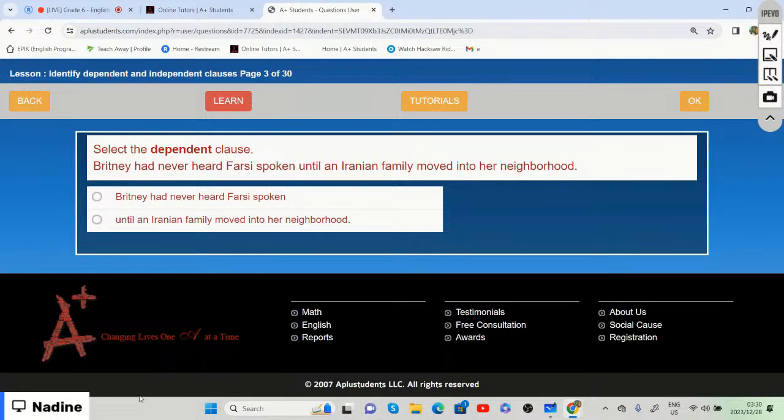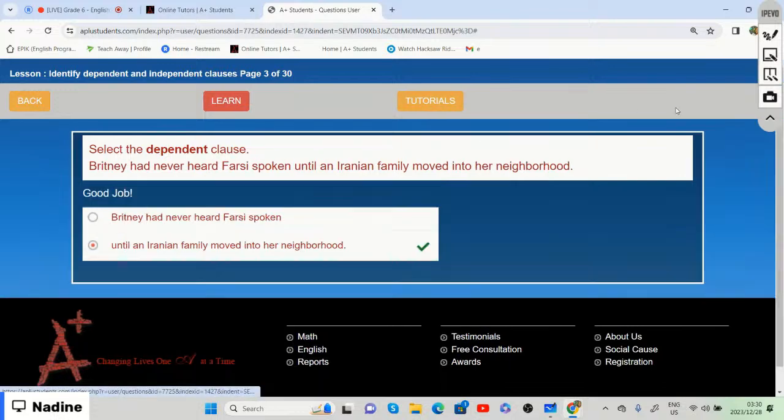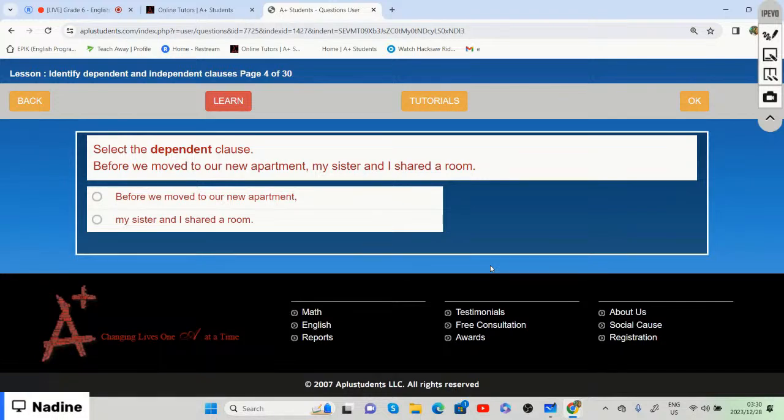If we select the dependent clause, we will say "until an Iranian family moved into her neighborhood." It starts with a subordinating conjunction, and that is the dependent clause.